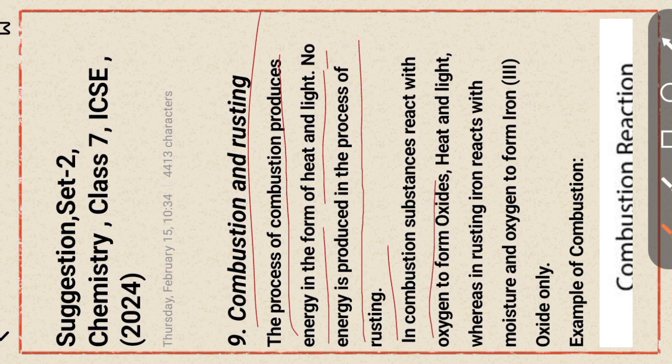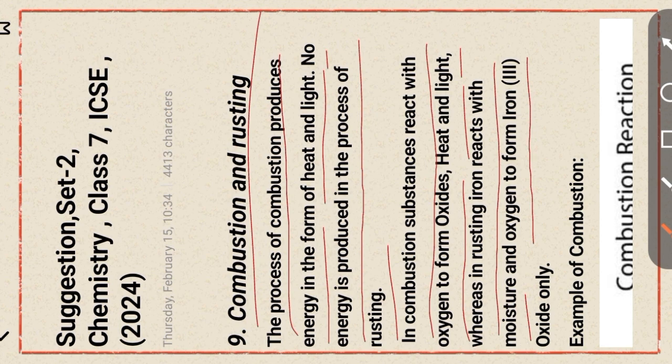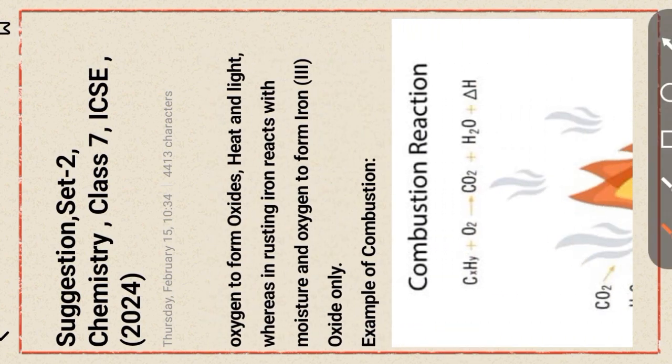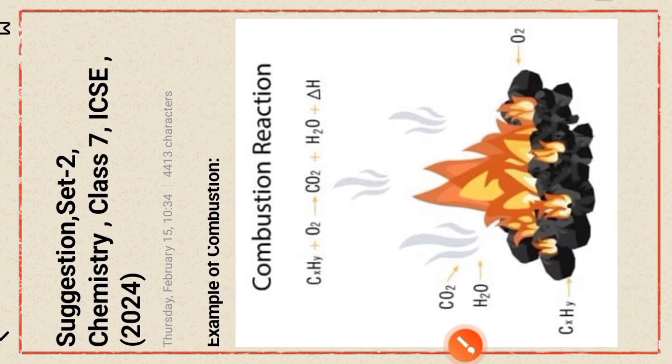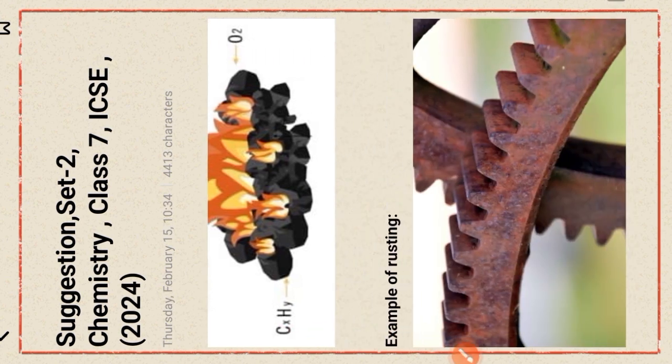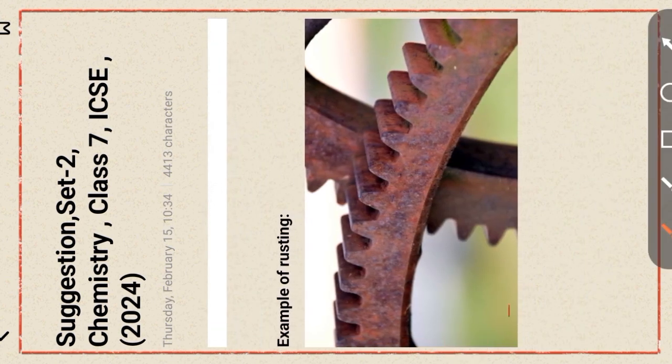In combustion, a substance reacts with oxygen to form oxide, heat and light, whereas in rusting, iron reacts with moisture and oxygen to form ferric oxide only, iron with valency 3. Example of combustion, the picture shows combustion, and also the picture shows rusting.